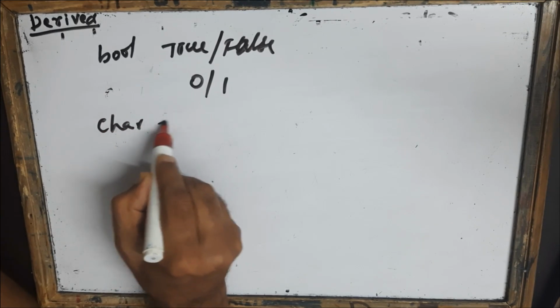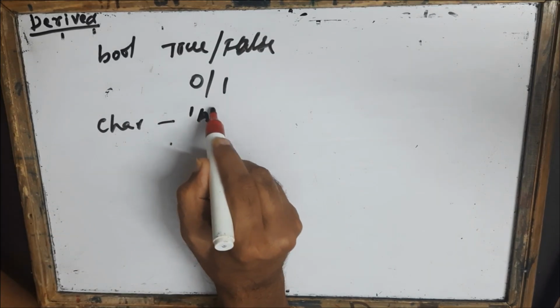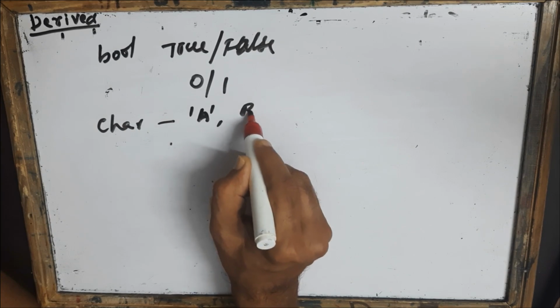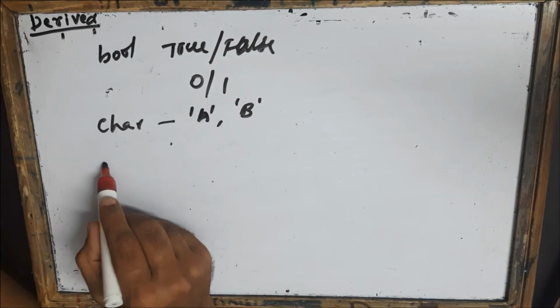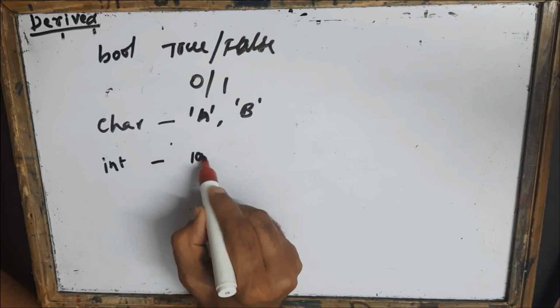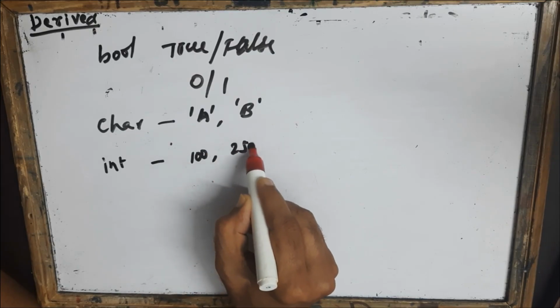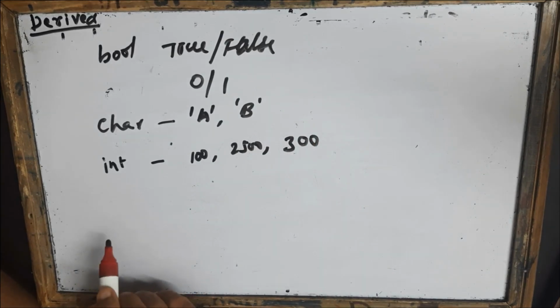Character, normally, for example if you want to use A, B, these can be used in the character. And integer would be like 100, 2500, 300. These kinds of values can be used in integer.